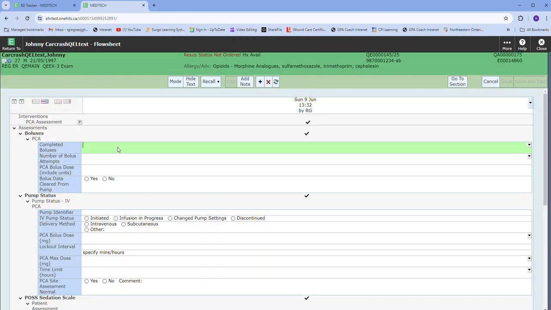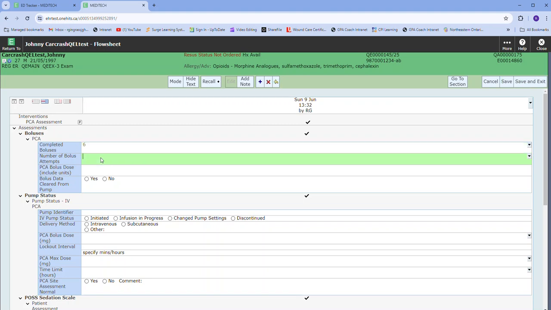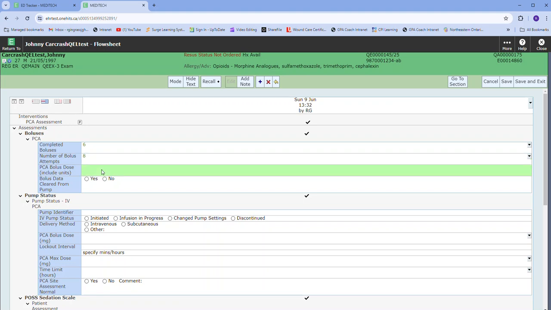Now in here, completed boluses. So we'll say that our patient got 6 out of 8 attempts, okay? And because those 6 boluses were equivalent to 1 milligram each, the patient got a total of 6 milligrams administered during that shift.